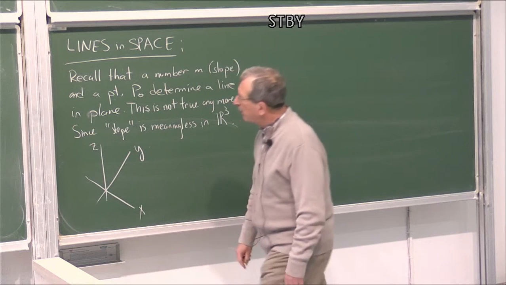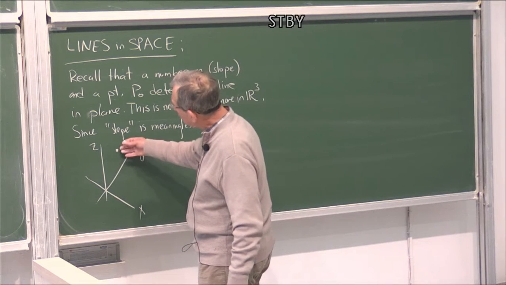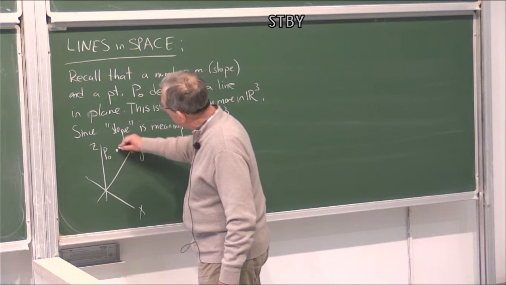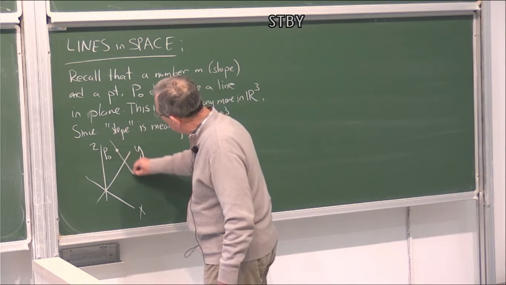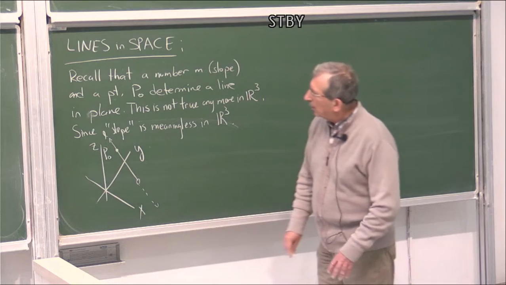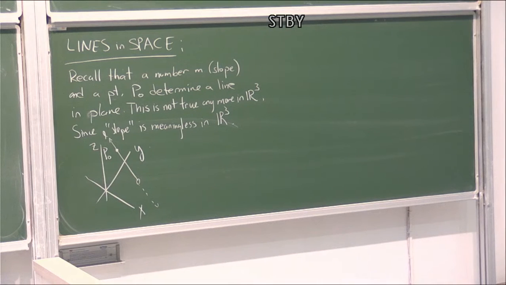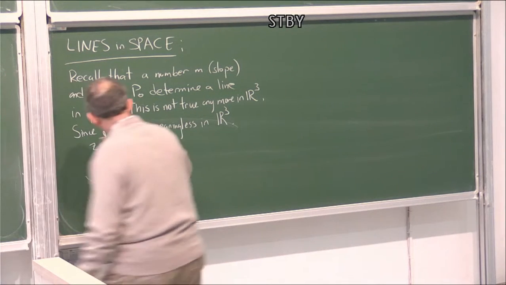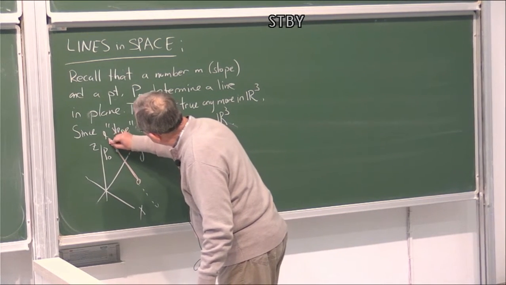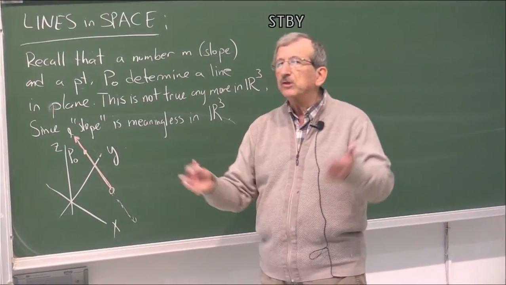Suppose we have some line, passing through, say, some P0, and say this is our line L. It passes through the point P0, and suppose it has a slope m.